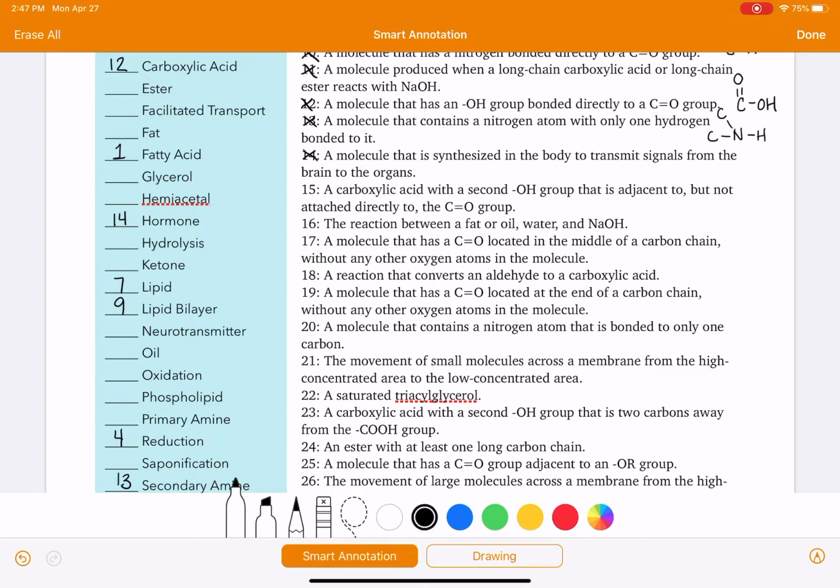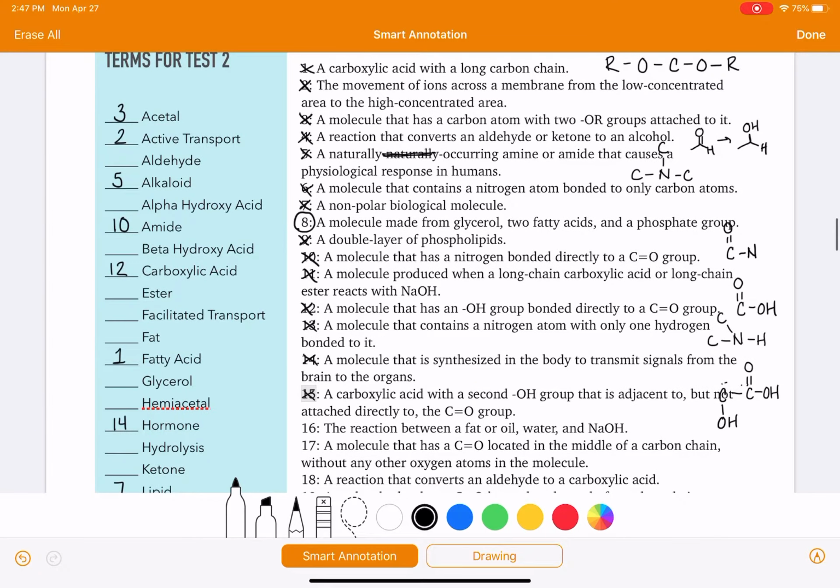A carboxylic acid with a second OH group that is adjacent to, but not attached directly to the carbon-oxygen group. Woo, that's tricky. That looks like an alpha hydroxy acid.